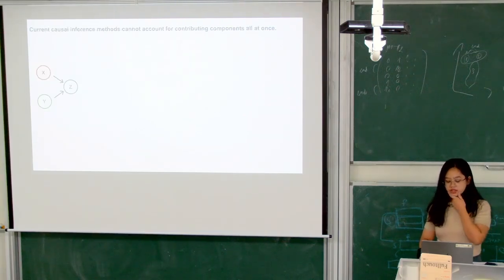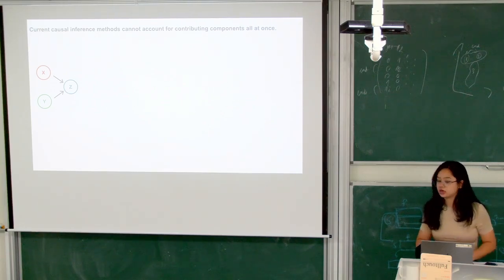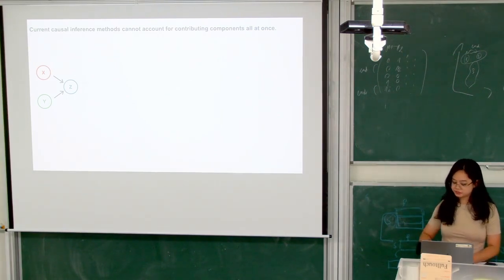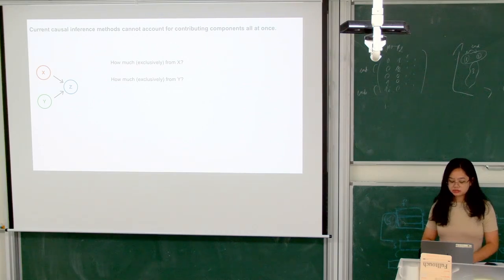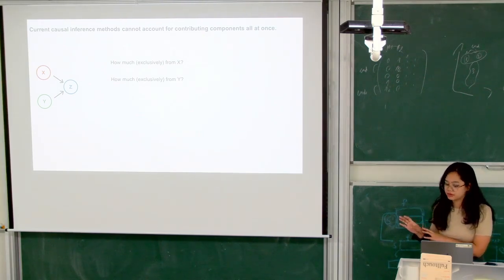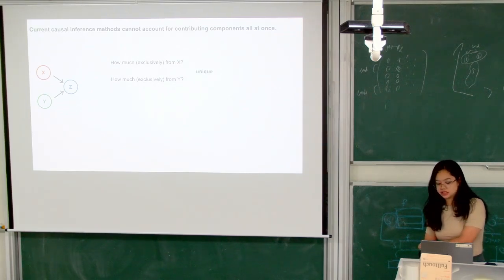In addition, these methods also cannot account for each of the contributing components of a causality. For example, here we have the collider variable case. The current methods cannot really tell how much causality is exclusively coming from x or from y. This is what we call the unique causalities in the context of the paper.